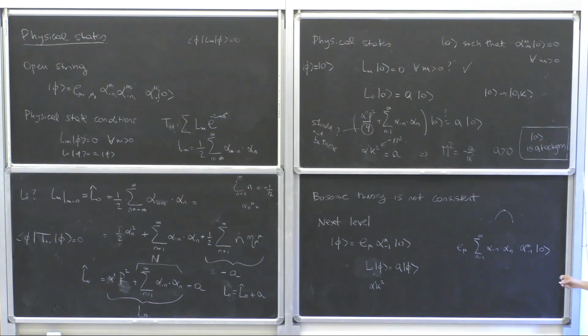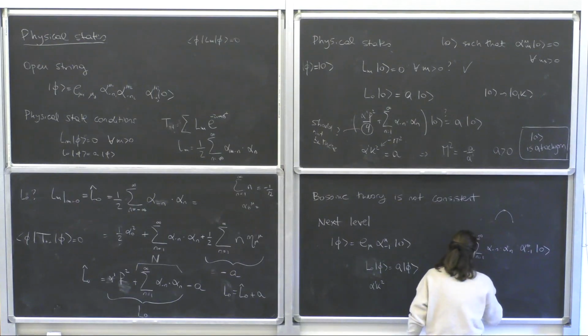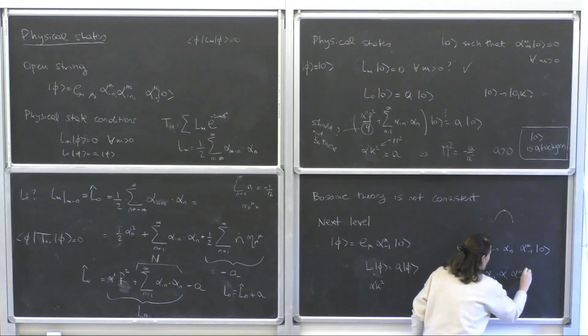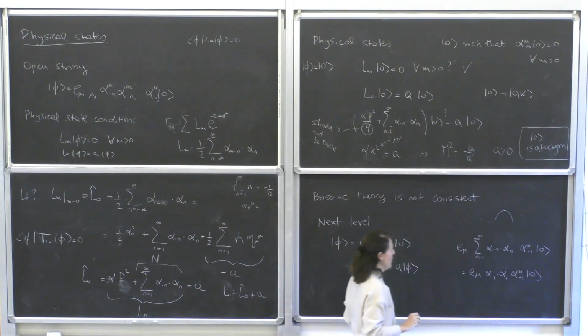It's easy to see that the only term that will give something non-zero is when n is equal to 1, right? All the others annihilate because I can pass this here, and it annihilates. So this is equal to E mu alpha minus 1, alpha 1, alpha mu minus 1, 0.